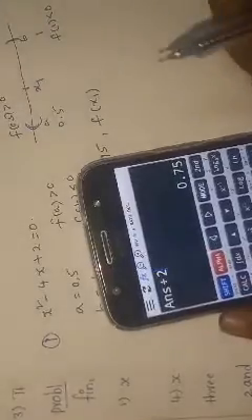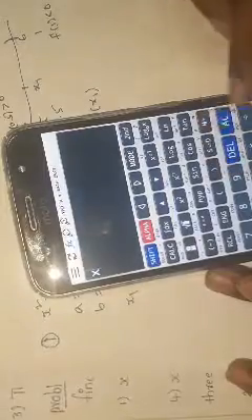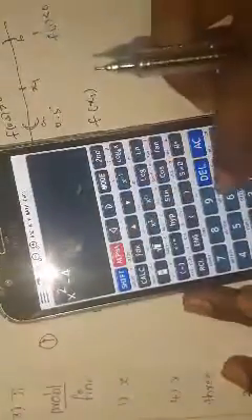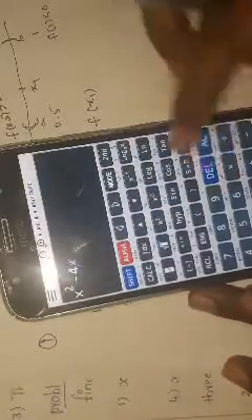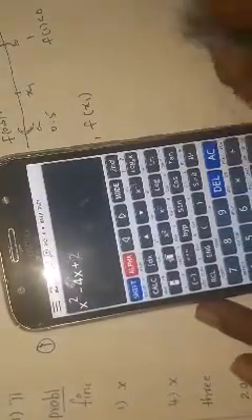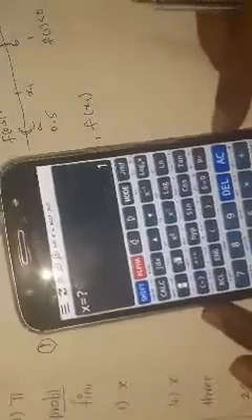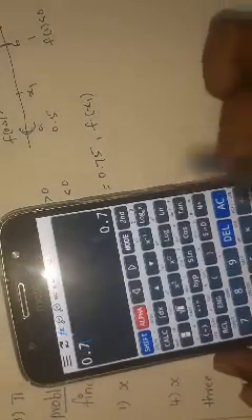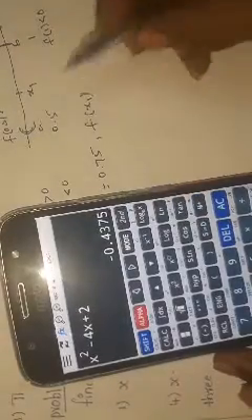Enter alpha x square minus 4 alpha x plus 2, then press CALC, and verify at the point 0.75. So that is a negative value, it gives minus 0.4375.